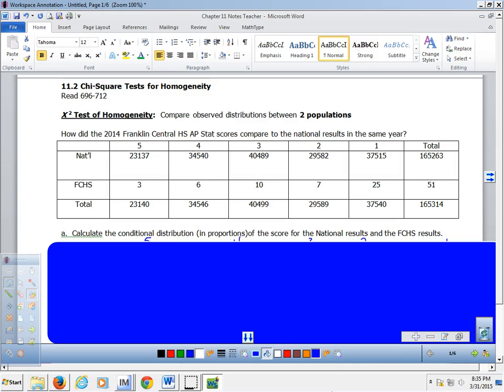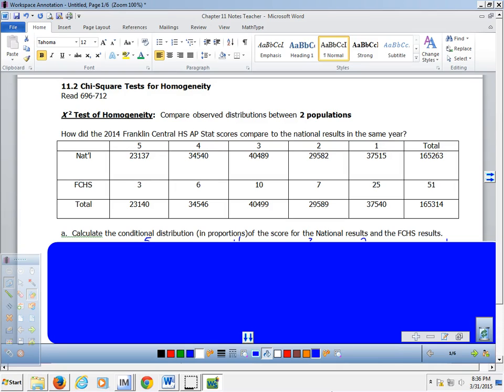Okay? All right. So, are they different? How do we compare them? Well, we talked about in Chapter 1 calculating a conditional distribution and taking a look at those conditional distributions for each of the two different groups and comparing them and trying to find out if they're different or if they're roughly the same.